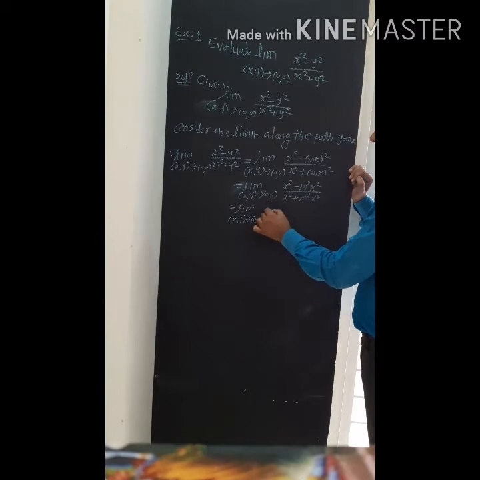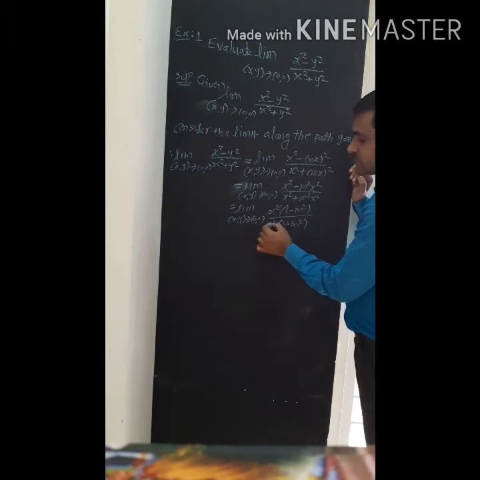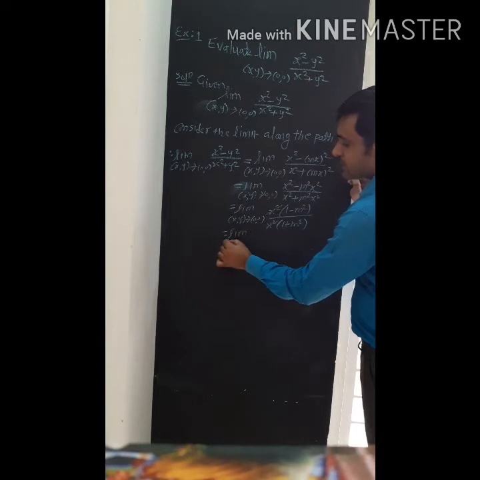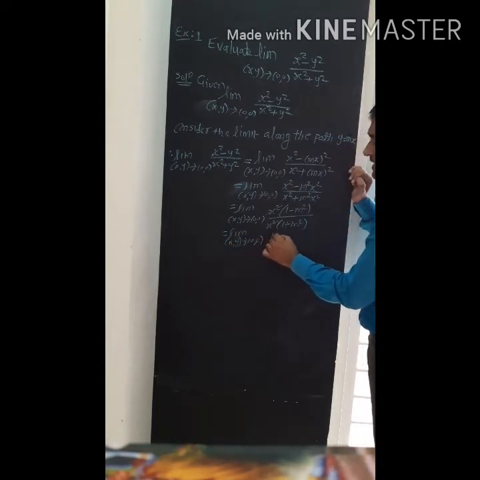From the numerator, taking x square common, we get in the bracket 1 minus m square. From the denominator, x square common, we get in the bracket 1 plus m square. So x square from numerator and x square from denominator get cancelled. So this limit becomes limit (x,y) tends to 0 of 1 minus m square upon 1 plus m square.